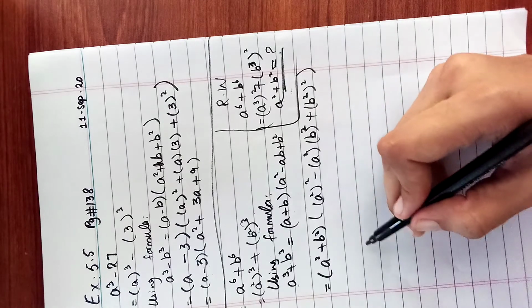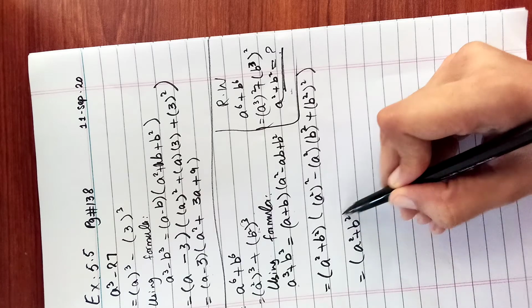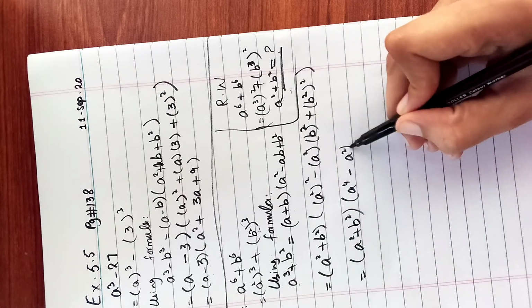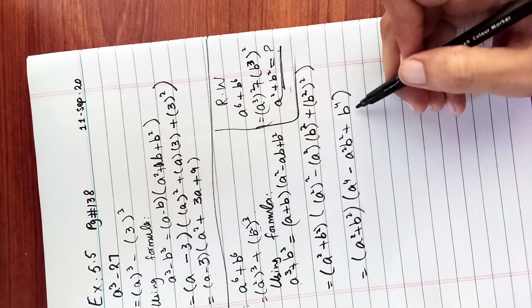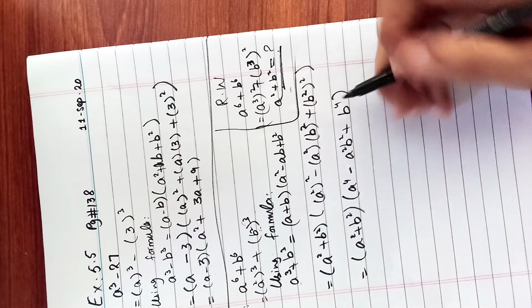So the answer is a square plus b square into a4, because 2 2s are 4, minus a square b square plus b4, because 2 2s are 4. This is your required factorization. The last answer is this.